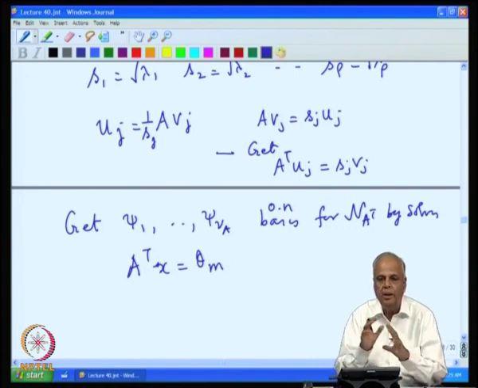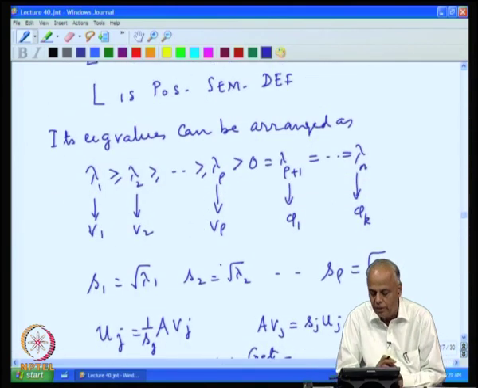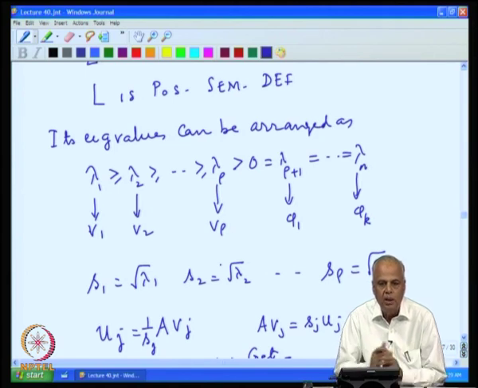Thus, the basic ingredients are mainly these u's and the v's. The phi's and the psi's can be found by solving homogeneous equations using elementary row operations. These are the easiest, but the question is about V1, V2, ..., V rho, U1, U2, ..., U rho, lambda 1, lambda 2, ..., lambda rho. S1, S2, ..., S rho can be found the moment you get lambda 1, lambda 2, ..., lambda rho.